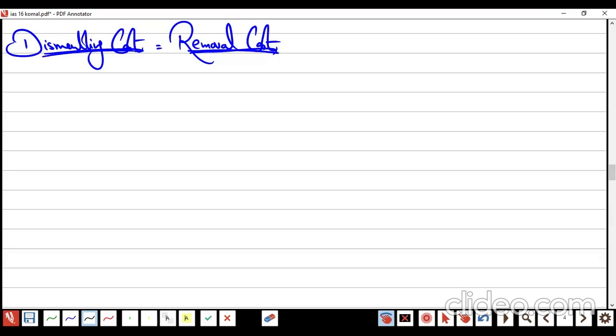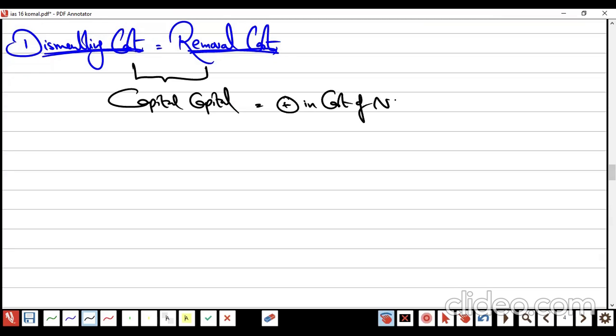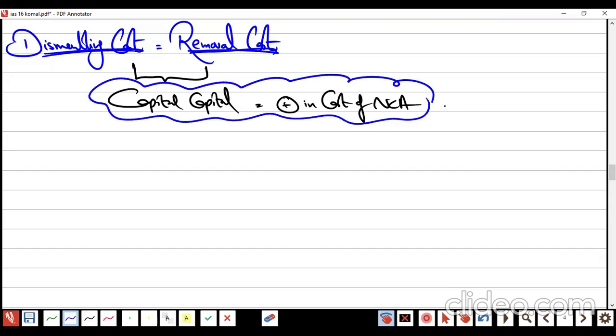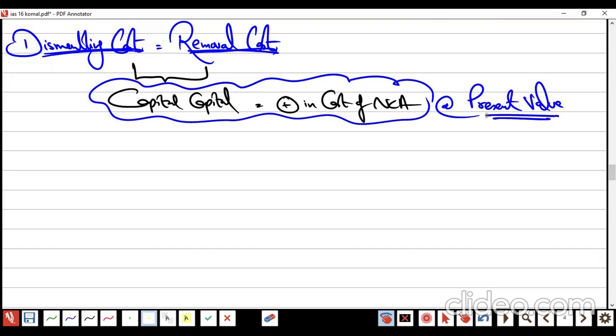It replies that okay, it's a capital expense. Capital expense means add it in the cost of the non-current asset, right? This is easy. And IAS says at present value. That's the drama. Present value, that is the thing.